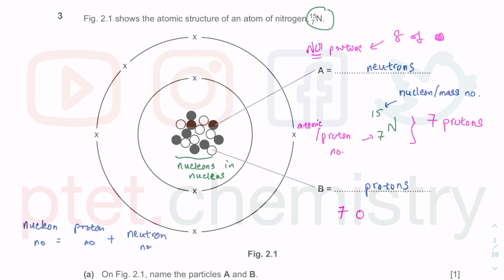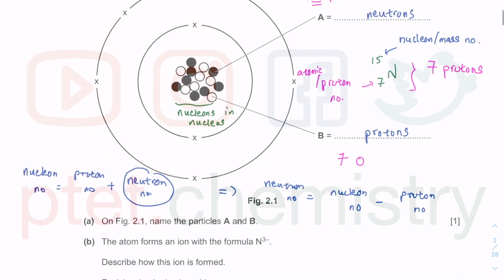So usually to get this, we do the number on top, the nucleon number, minus the proton number. If I want this, I can move this to the other side, so I can get the neutron number, basically how many neutrons there are. I do a little bit of simple math, so that one minus the proton number. So the number on top minus the number at the bottom will give us 8 neutrons.